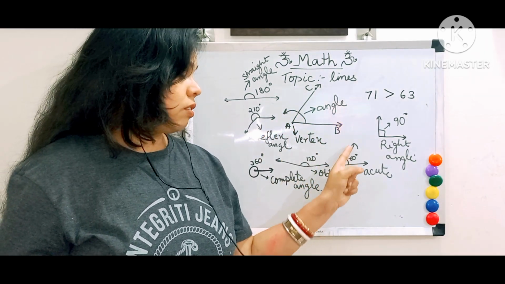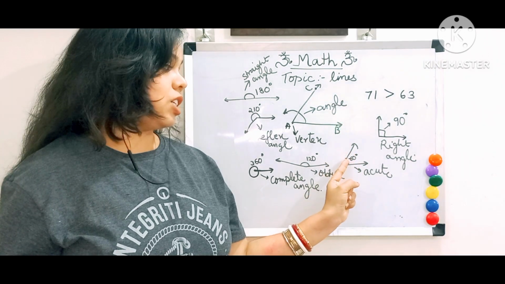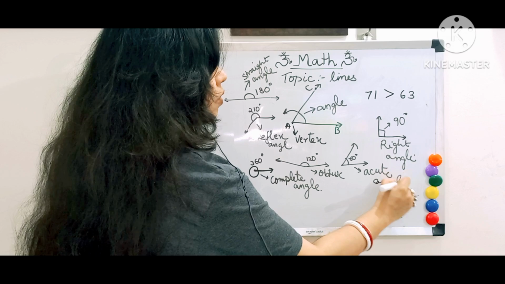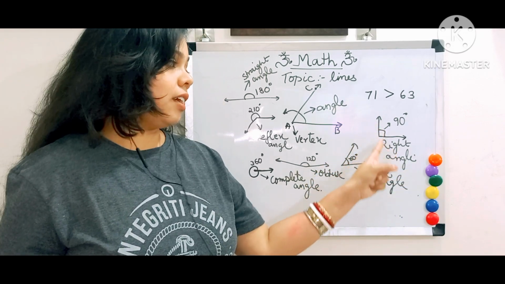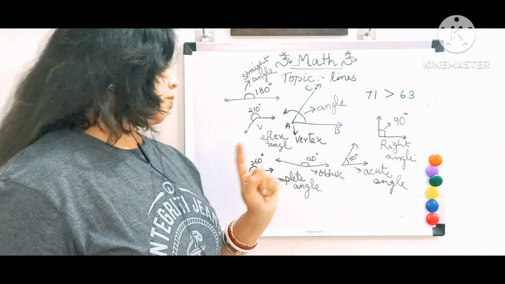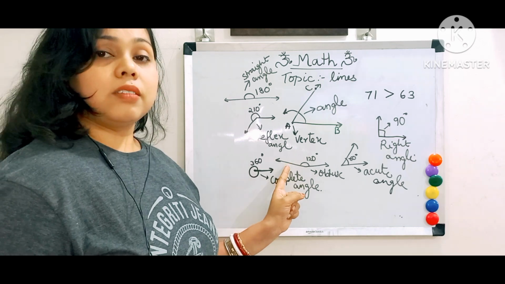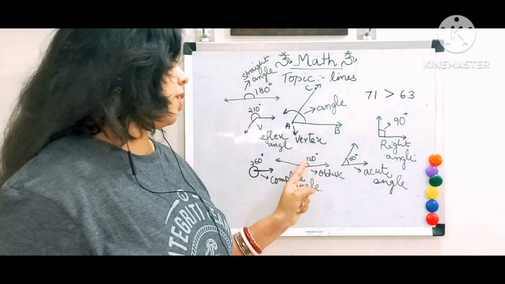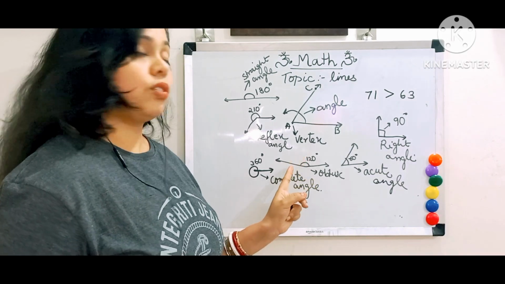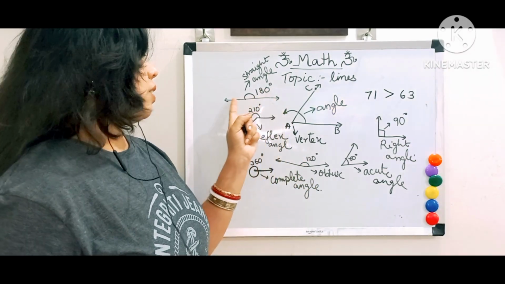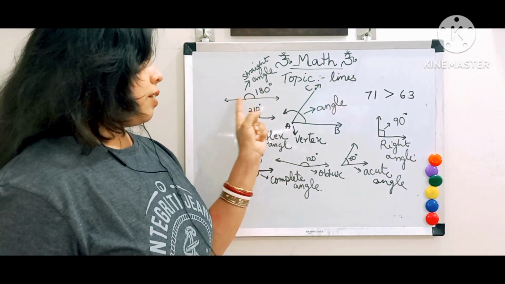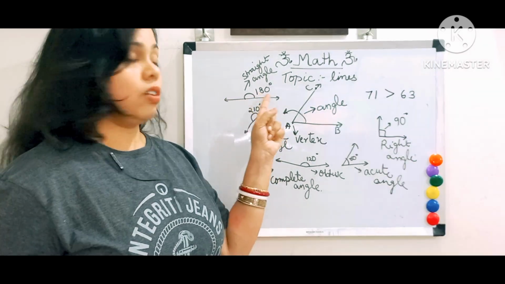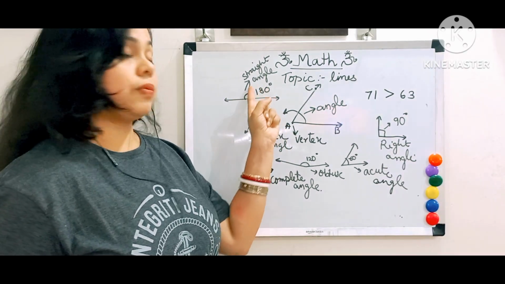When it keeps moving, initially it will be an acute angle. When it reaches 90 degrees, it will form a right angle. After the right angle, it will be an obtuse angle, that will move from 90 to 180. When it reaches 180 degrees, it is forming a straight line or a straight angle.